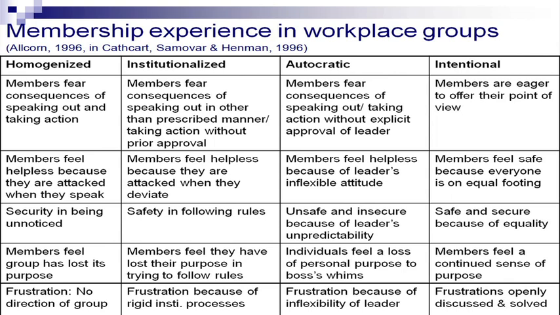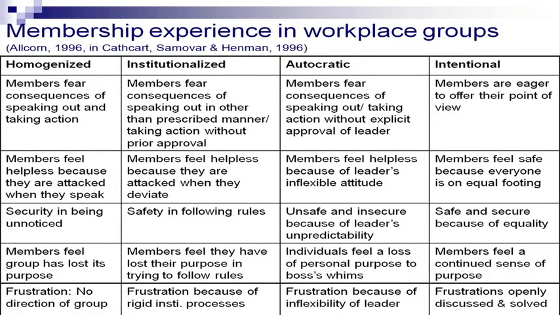In an autocratic group, the members generally feel unsafe and insecure because of the leader's unpredictability. Unless you are part of the leader's inner group, you don't know when you will be attacked, when the leader may go against you, or how the leader will behave. So, one feels very unsafe and insecure.